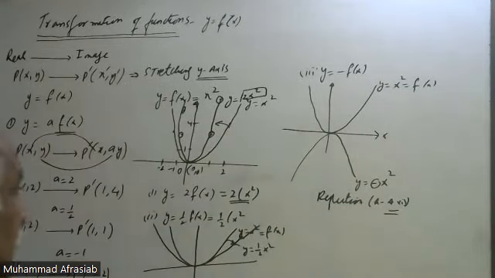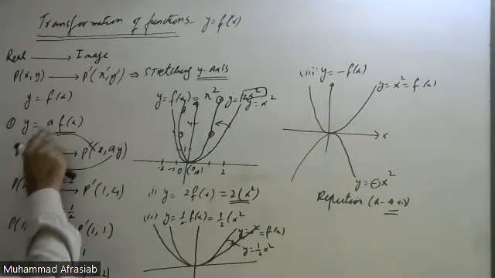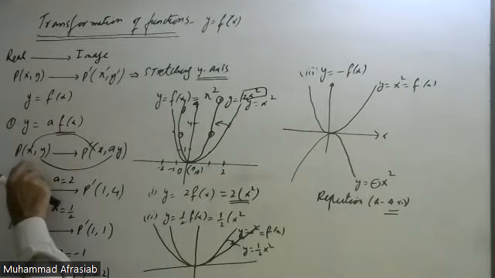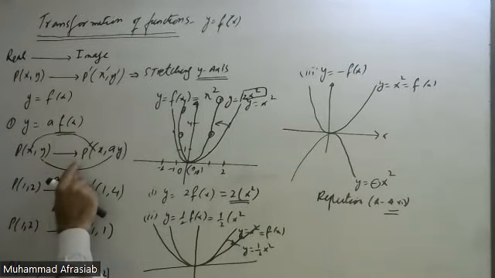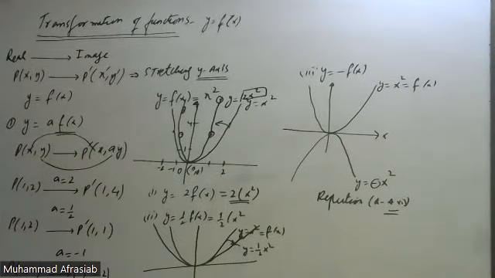So these are the 3 different cases which we are going to use for this property, that a f of x, that means if the point is x y, then the coordinates of the image will be x and a y there.